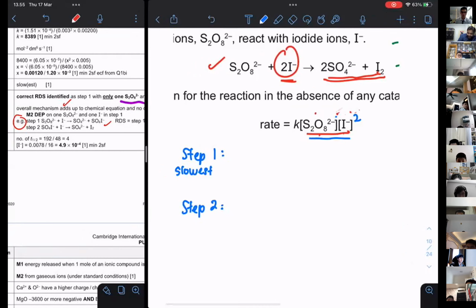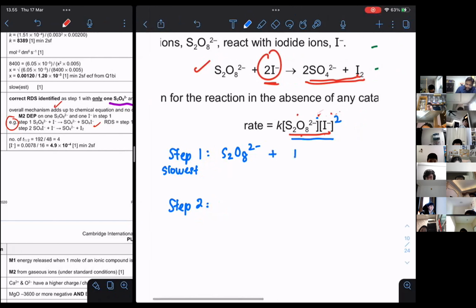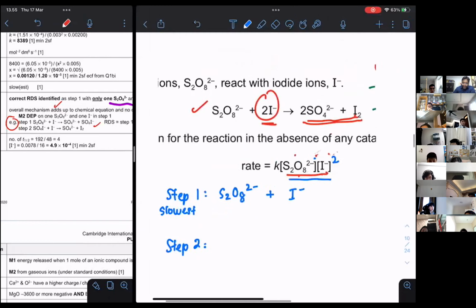You look over here. S2O8 2 minus, 1 mole, plus I minus, how many moles? 1 mole or 2 moles? No. What did I tell you earlier?